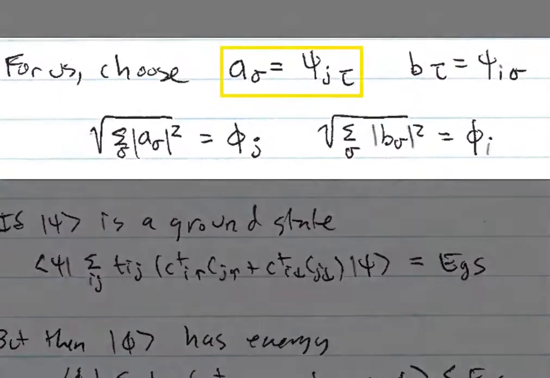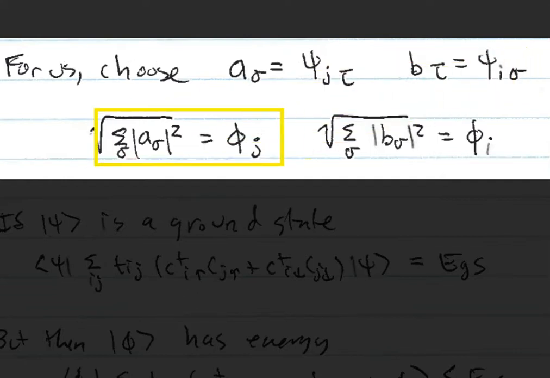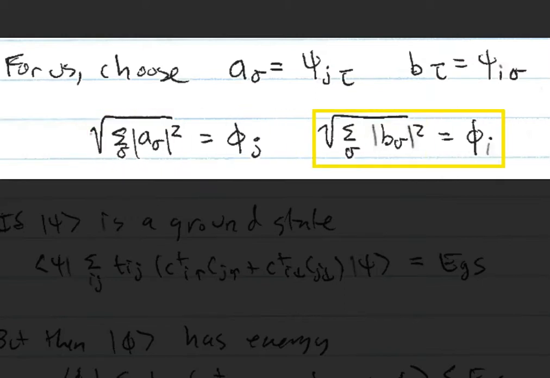If we choose A sigma equals psi j tau and B sigma equals psi I sigma, you see then that the sum over sigma of modulus A sigma squared is equal to phi j, and the sum over sigma of modulus B sigma squared is equal to phi I. And so that's how that result holds.